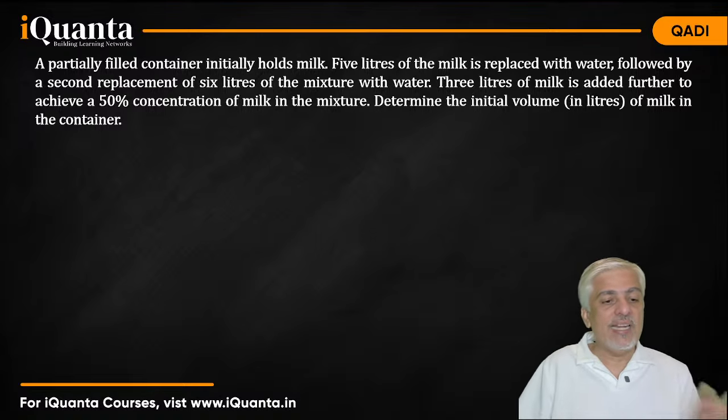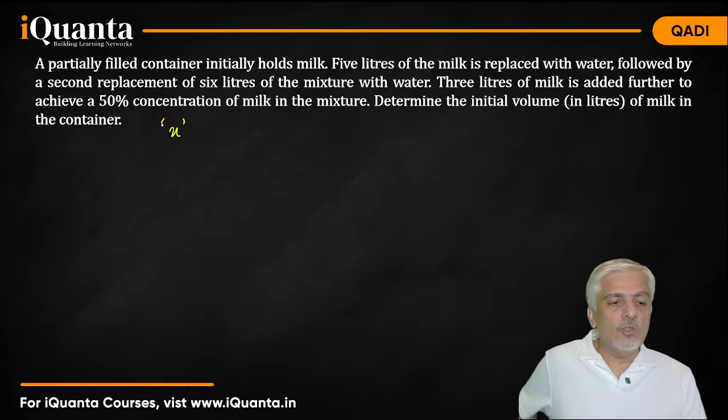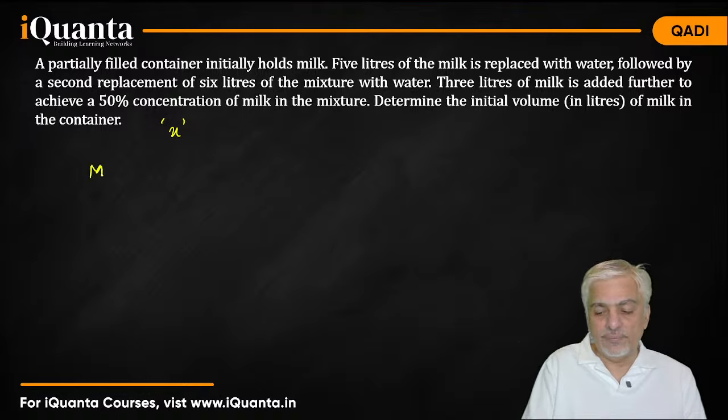Third time we are adding pure milk, and after that we have 50% concentration of milk. Determine the initial volume in liters. 15 liters is what most of the people have got. You can start with X liters. So after the first transaction, what do you have? How much is the milk you have?